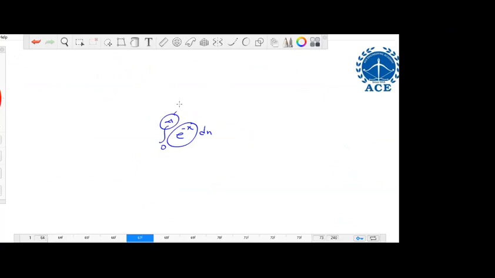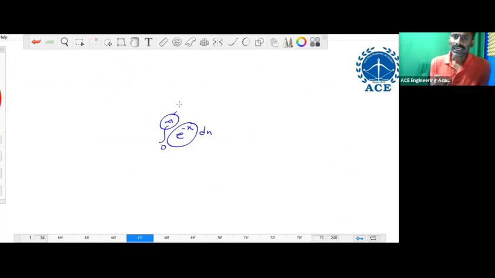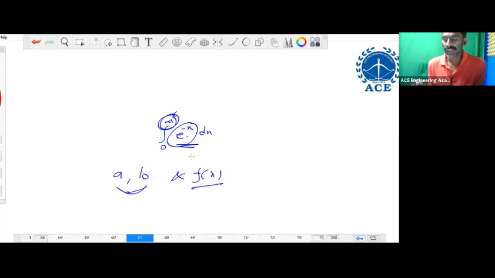What I'm saying is that proper or improper depends on the limits and the function. Here the function is finite in the interval, but one of the limits is infinity. Only if the function has a finite value and the limits are finite is it a proper integral. Otherwise, improper.